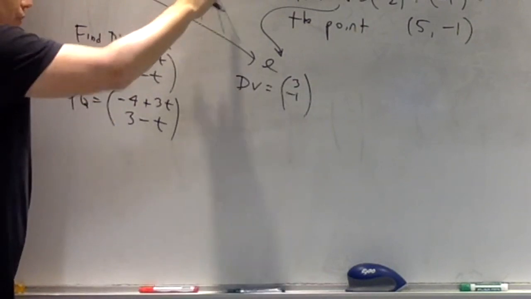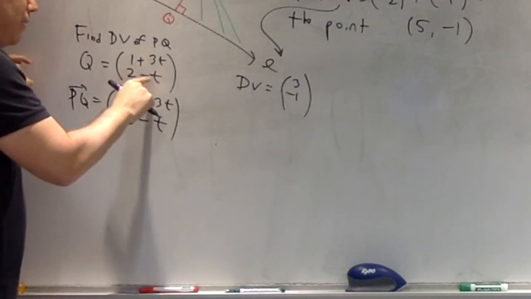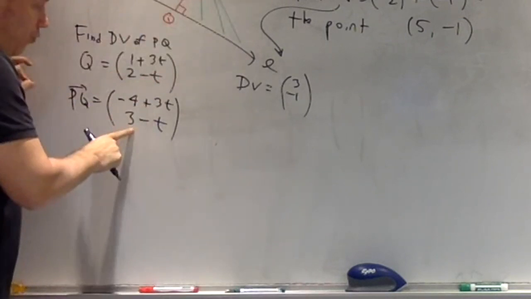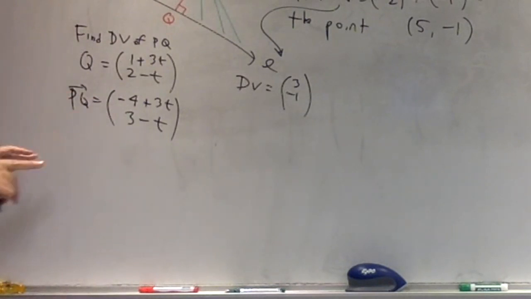1 minus 5 is negative 4 plus 3t. 2 minus t minus negative 1 is 3 minus t. Next, I have to find the t.